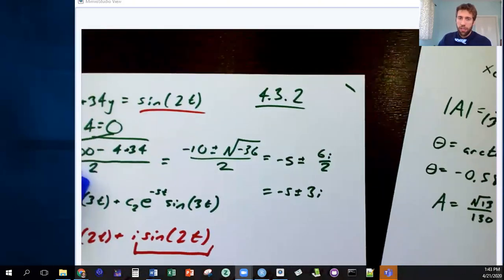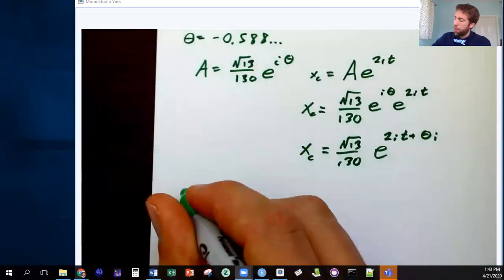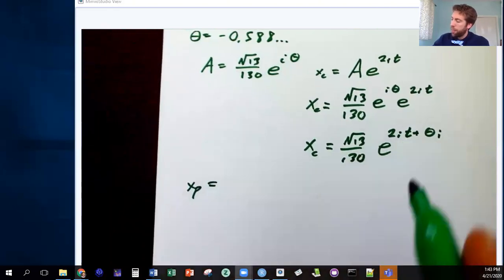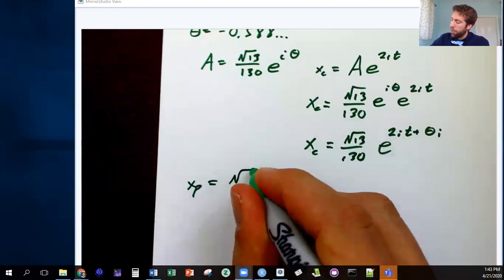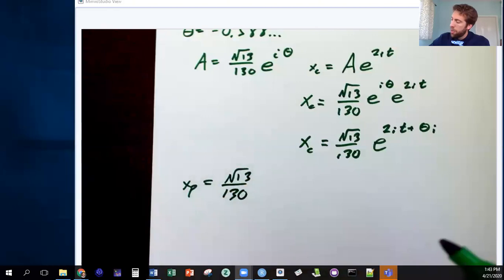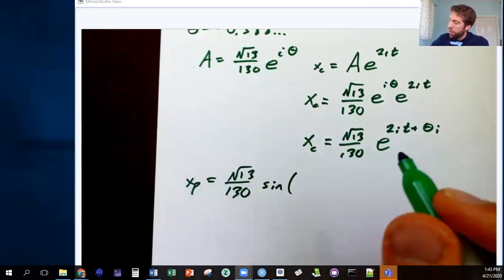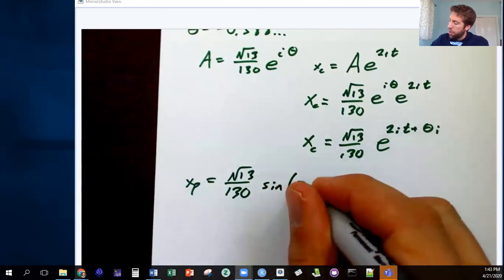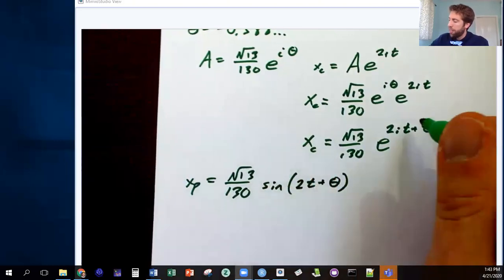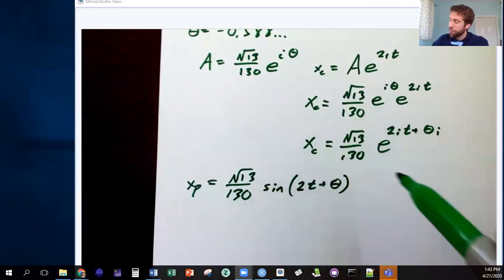I had a sine of 2t on the right side, so that's the imaginary part. So then the imaginary part is this with the sine of that. So square root of 13 over 130 times sine of 2t plus theta. Because really I should have factored out the i here. That's how you change it into the cosine and sine there. Okay.